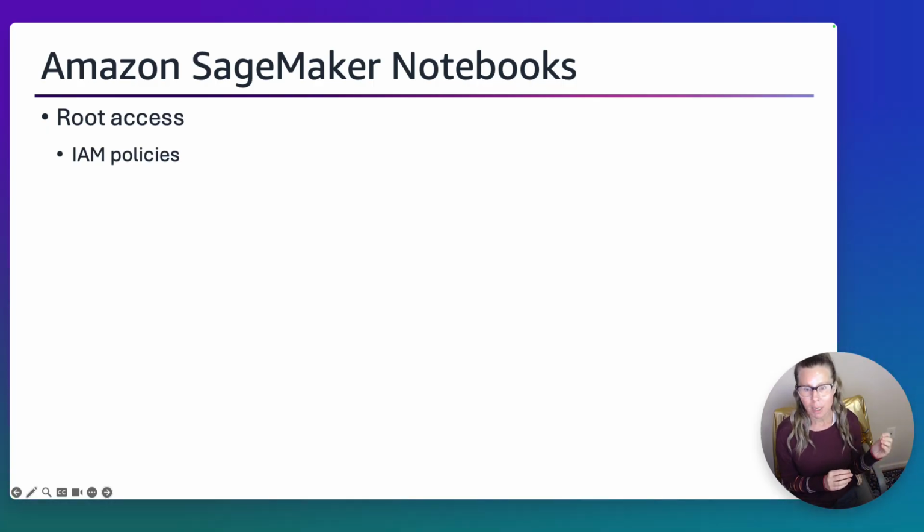So many notebook instance users need to have root access to be able to install these tools and packages. And because users with root access have administrator privileges, users can access and edit all files on a notebook instance with root access enabled.